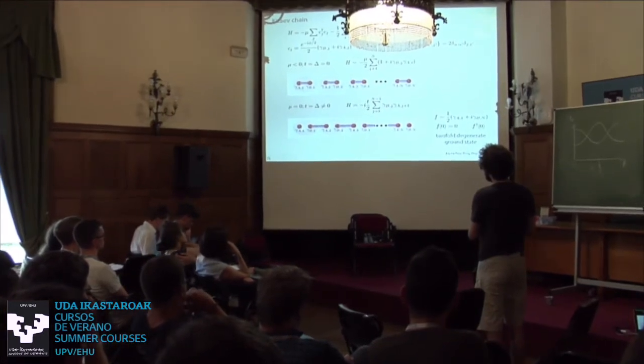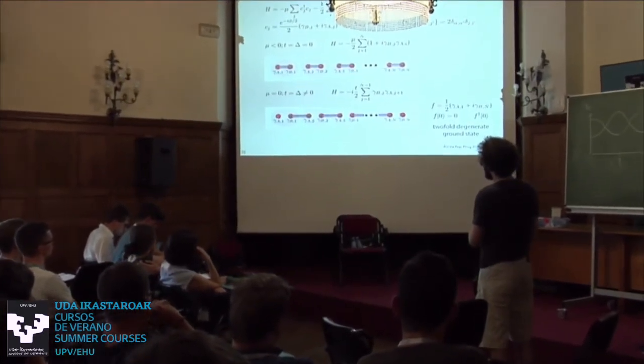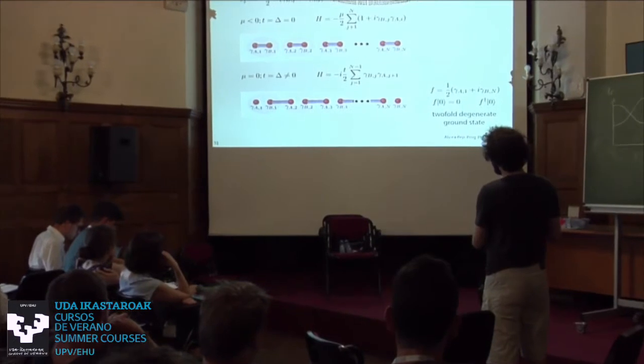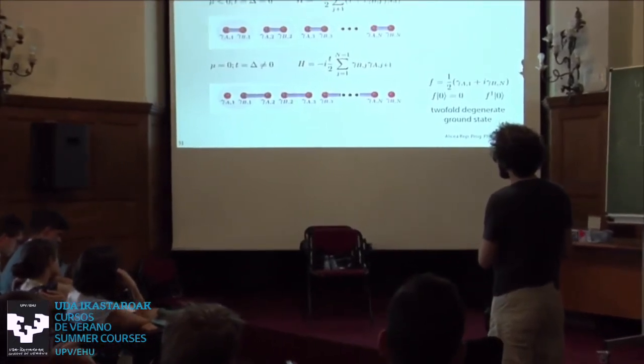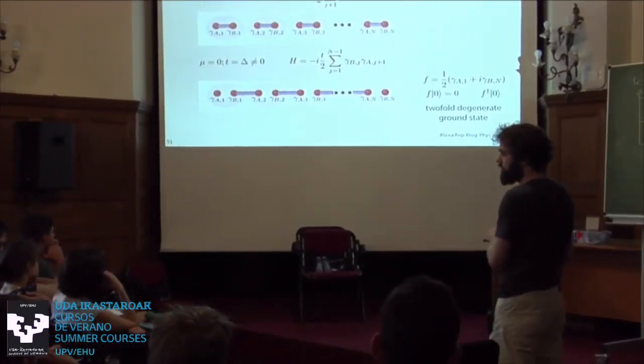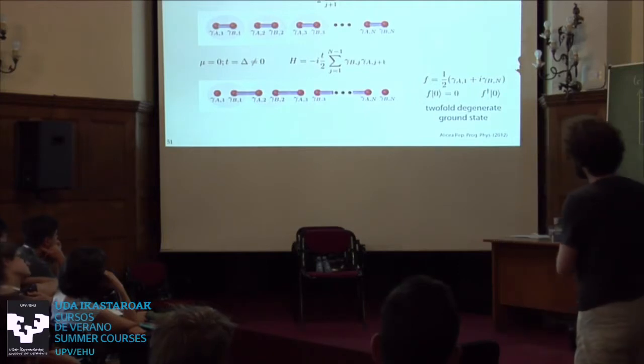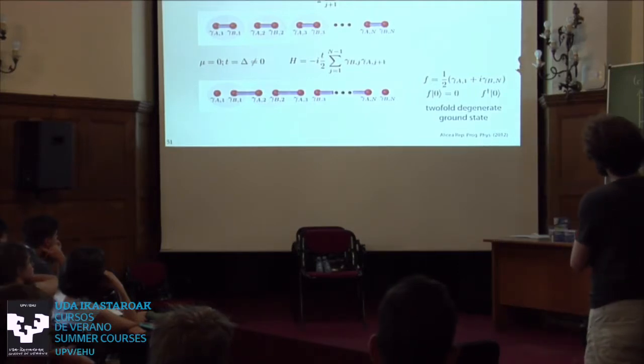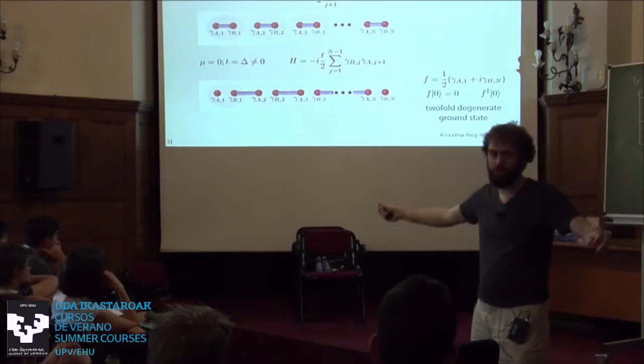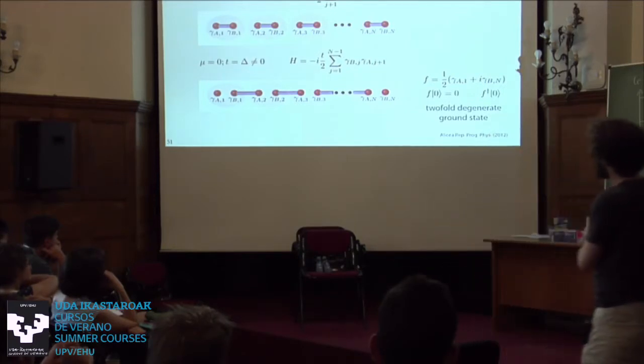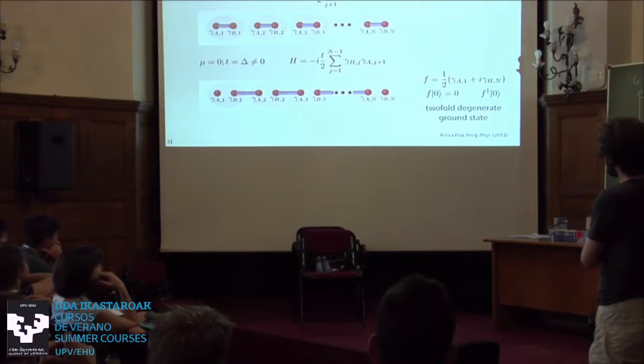I see that the Hamiltonian is independent of this one and this one at the ends. So they are kind of unpaired. What that means is that I can introduce now a new fermion F here, which is the sum of this one and this one. It's a very non-local fermion, but this Hamiltonian is independent of this guy.